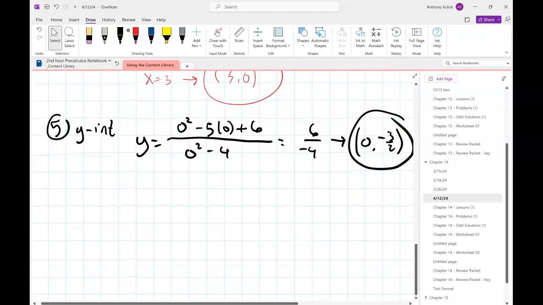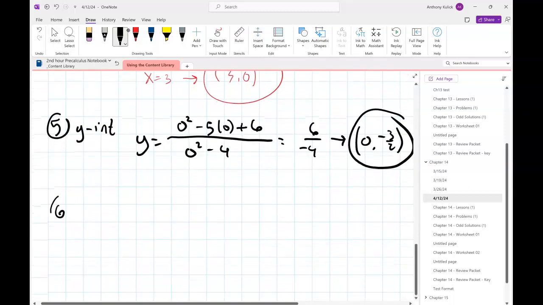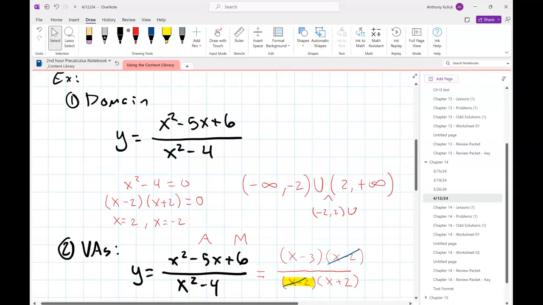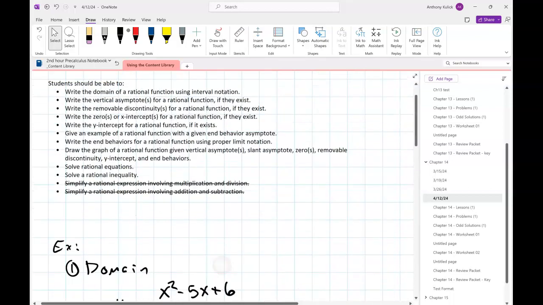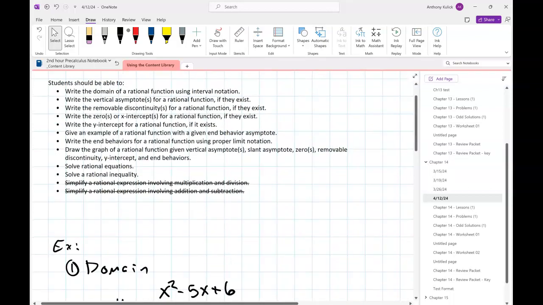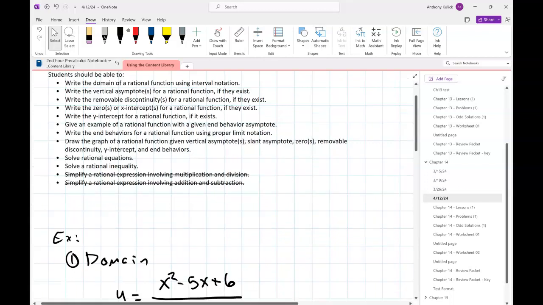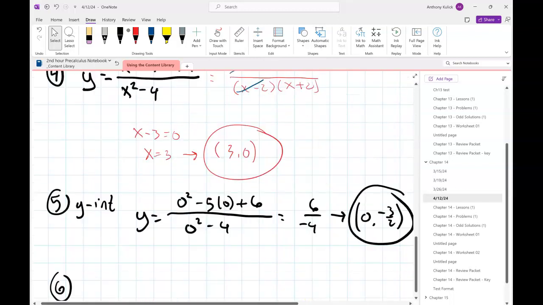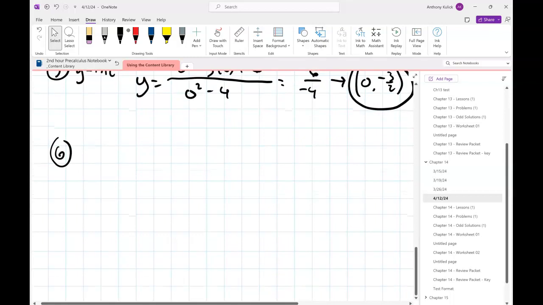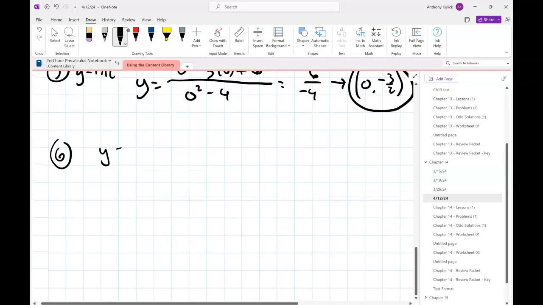All right. What else do we got here? Okay. Example of a rational function with the given end behavior asymptote. Let's say that our asymptote is y equals 0.